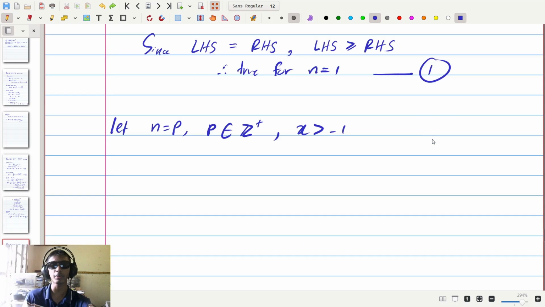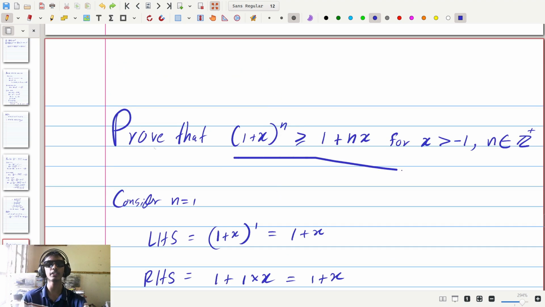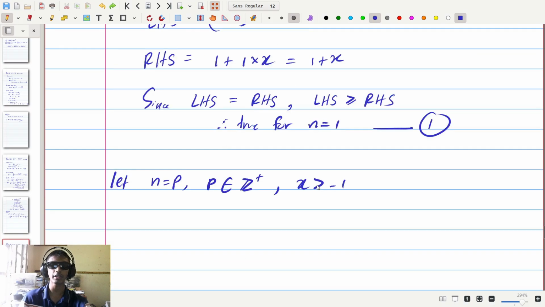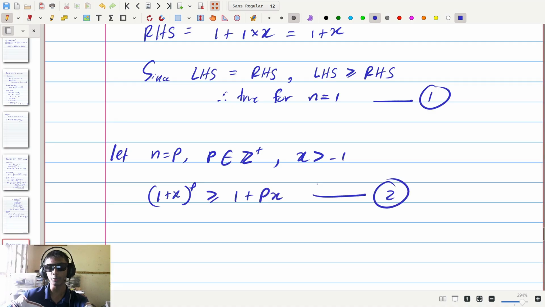So now, given these conditions, what we're going to assume is that this statement is true, that 1 plus x to the power of n is greater than or equal to 1 plus nx. So to write that down, 1 plus x to the power of p is greater than or equal to 1 plus px. This is the condition that we're assuming to be true in order to prove the next one to be true.